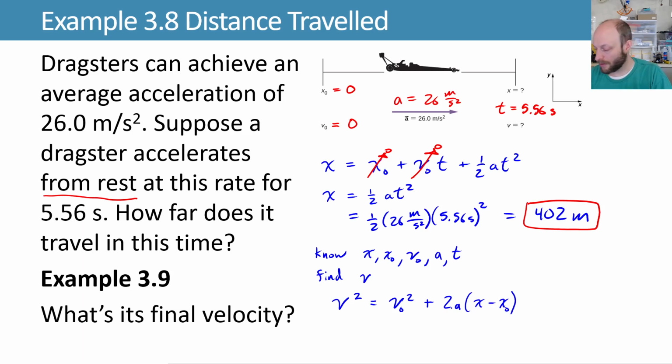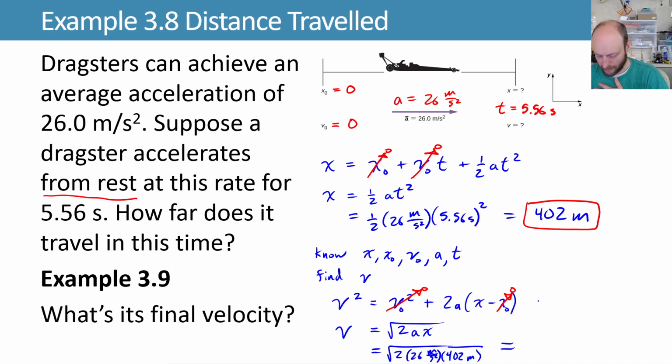We can plug in the things we know, and note that my initial velocity is 0 and my initial position is 0, so those terms go away. And we end up with v squared is equal to 2ax. We can take the square root of both sides and say then that v is equal to the square root of 2ax. Plugging in the things that we know, the square root of 2 times 26 meters per second squared times my final position, which I know from the previous part, 402 meters.